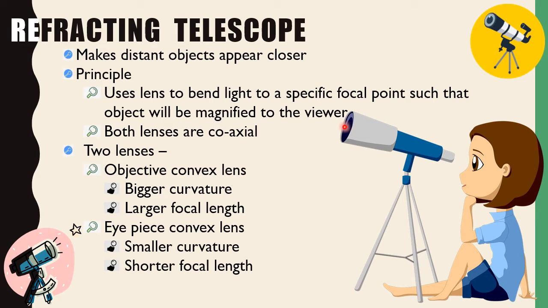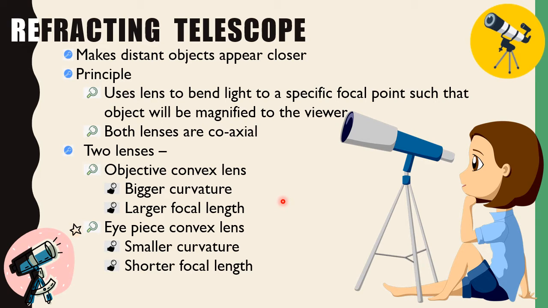It's a very simple design and is essentially a tube with two lenses, one at each end of it. These lenses are called objective and eyepiece. The lens facing the object is termed the objective, which has a bigger curvature and larger focal length.